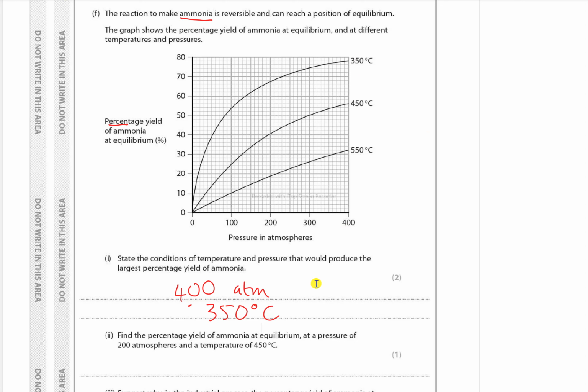Find the percentage yield of ammonia at 200 atmosphere, 450, that's up here. About 40%.